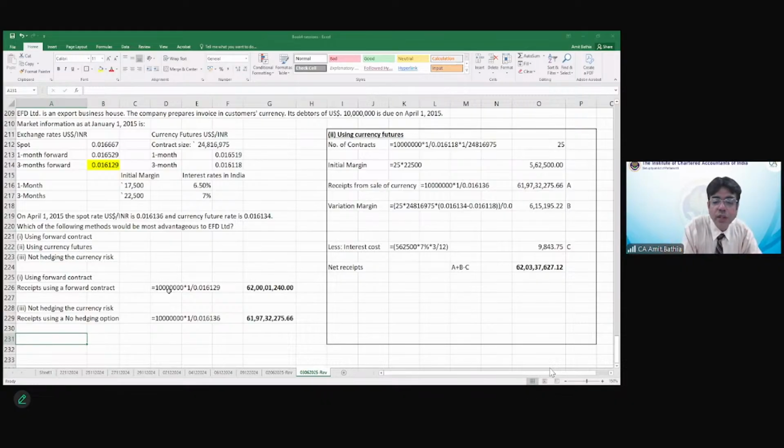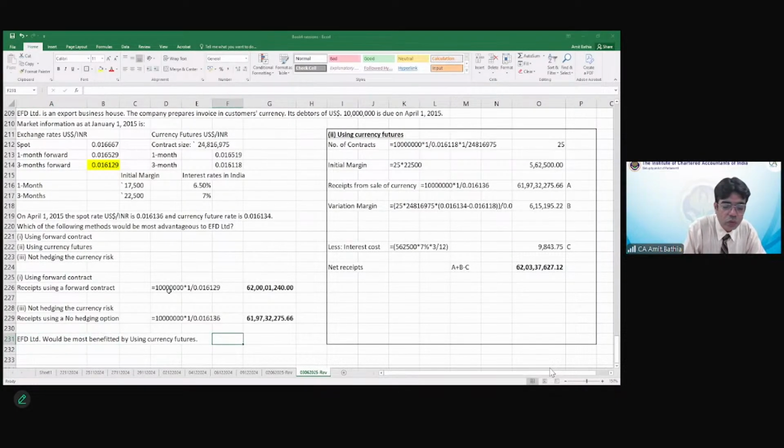So we have to mention over here EFD Limited would be most benefited by which option? By currency future. Using currency futures.